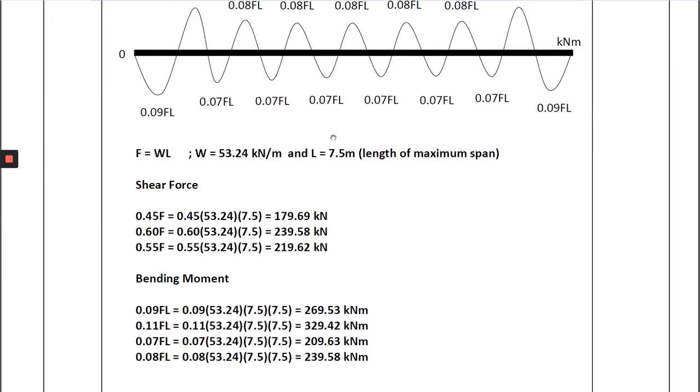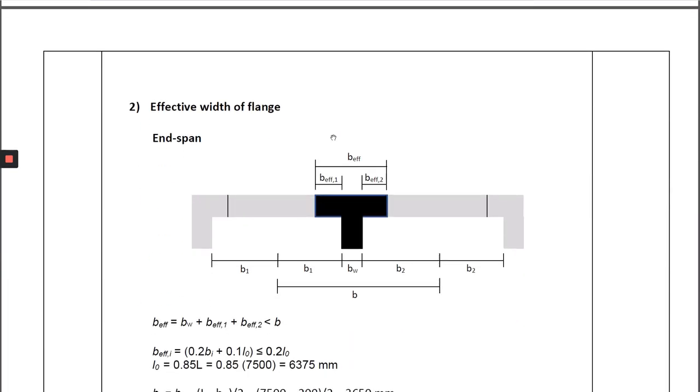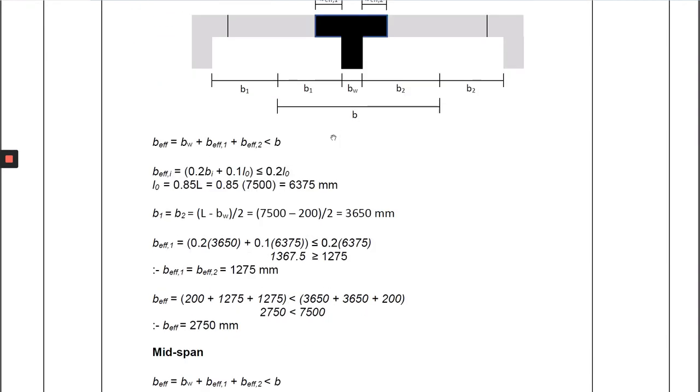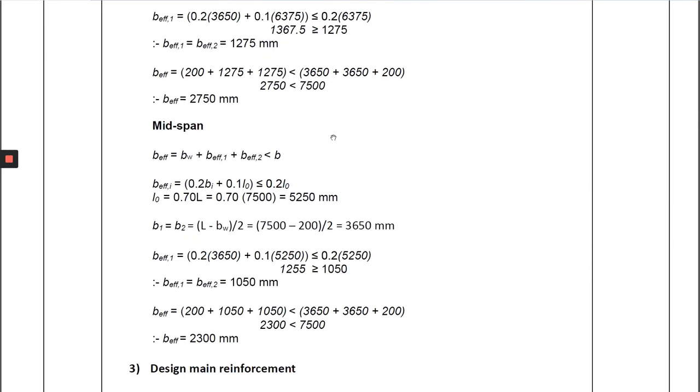That's why I'm using 0.7 L naught. Then the same process again. I got the answer BEFF is equal to 2300 millimeter.